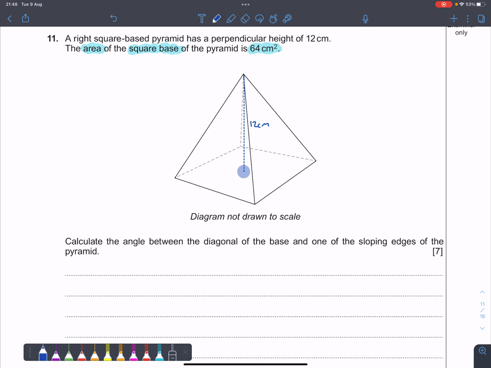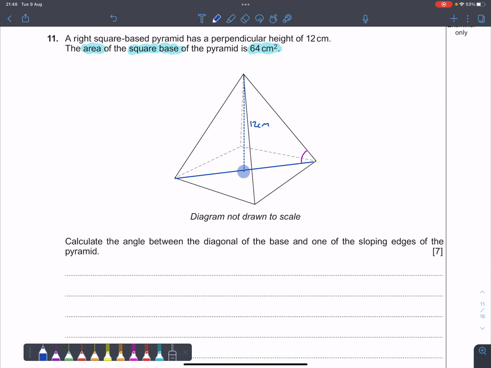The diagonal of the base means the length that goes from one corner all the way through to the other corner. So that's our diagonal. And the angle between this diagonal and one of the sloping edges is going to be this value there.